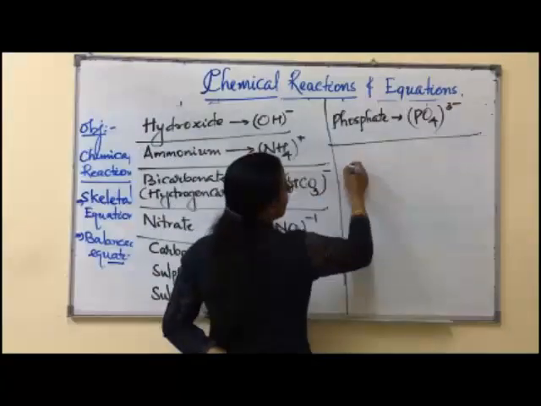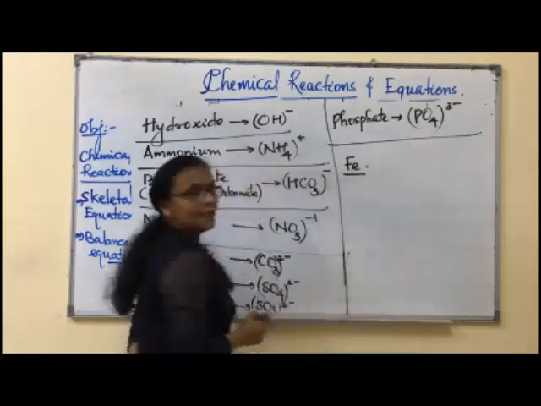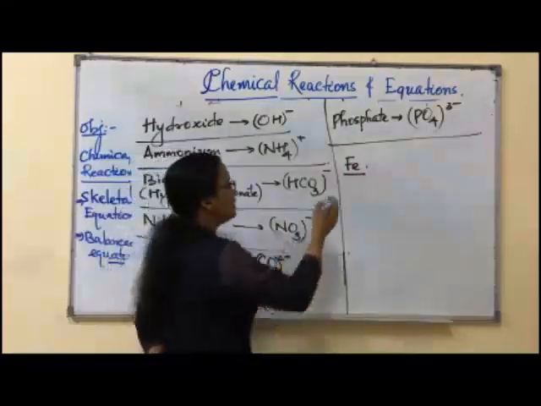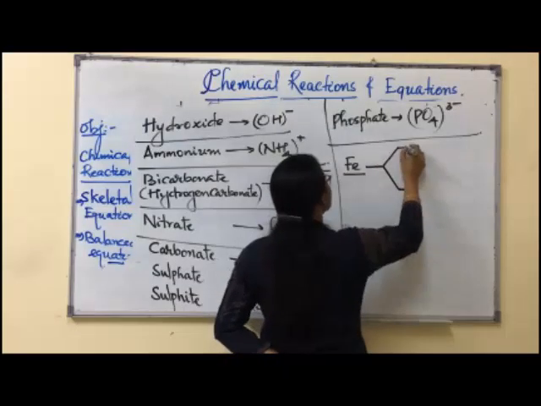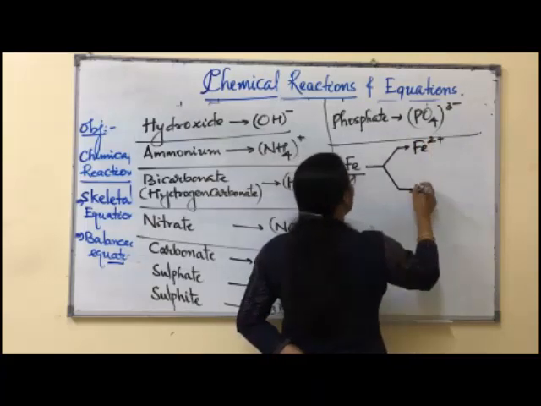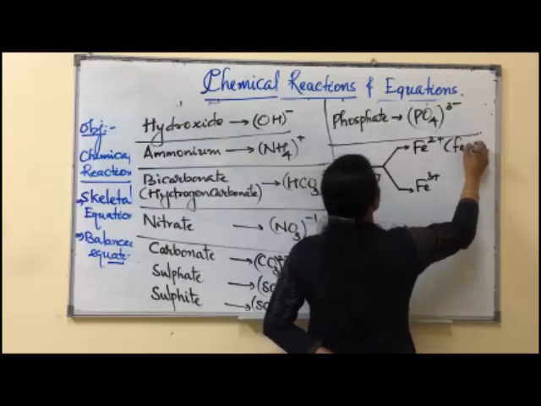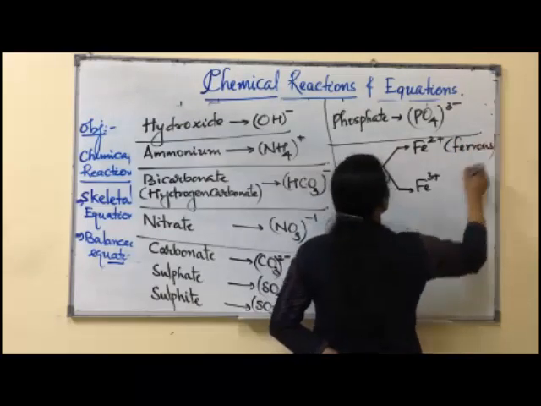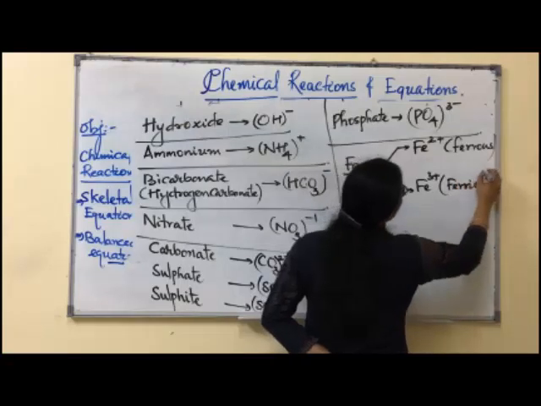I will give you this in the case of iron. Iron can exist in two oxidation states: Fe2 positive and Fe3 positive. Fe2 positive is known as ferrous and Fe3 positive is known as ferric.